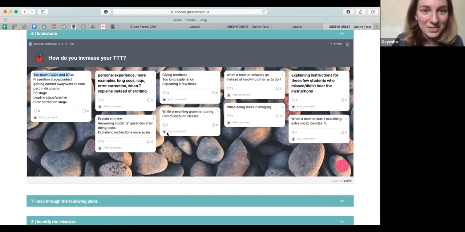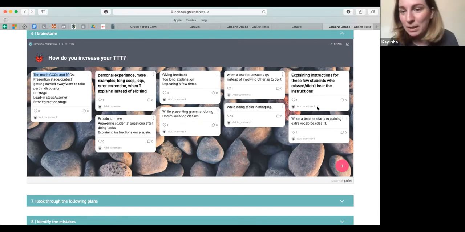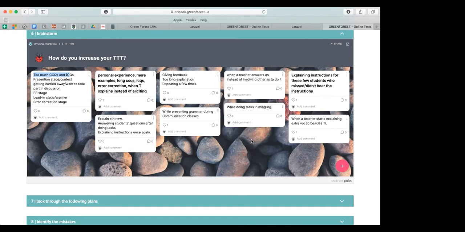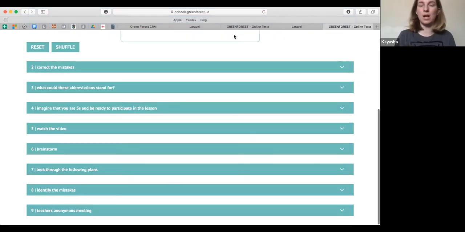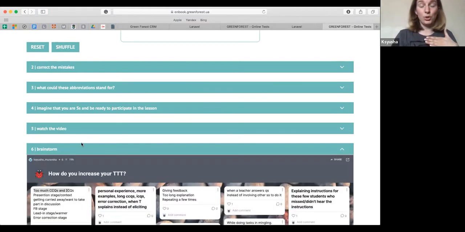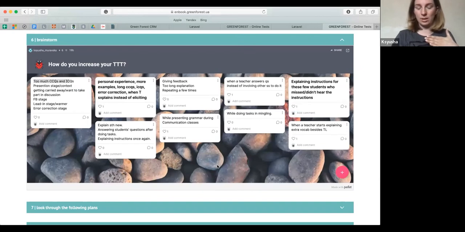All right. So feedback, explanation. A nice remark about explanation. When you are presenting new rules or new target language, vocab, whatever, do you have to explain everything? Eliciting. Yes, guided discovery. So that's how you can reduce your teacher's talking time. And knowing all these areas in which you can talk more than you should, you may think how you can reduce it.